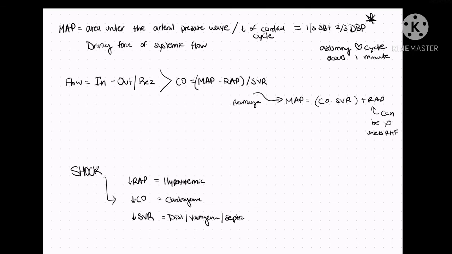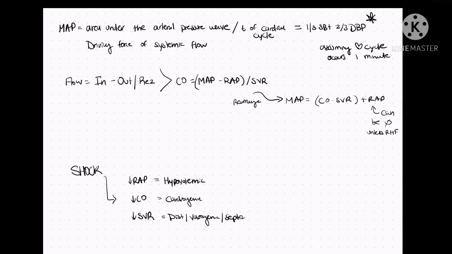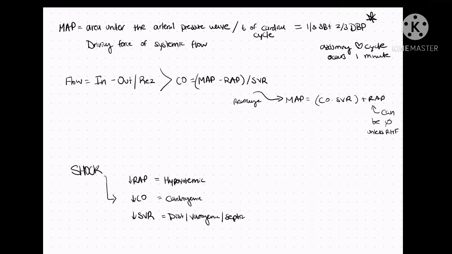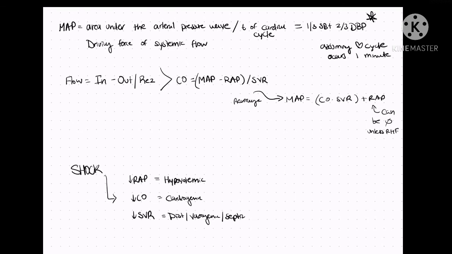And if you rearrange that formula, you can get the MAP. MAP is basically the cardiac output times the SVR plus the right atrial pressure. Now, the right atrial pressure is generally negligible unless there is right-sided heart failure. You can usually say it's like 0.